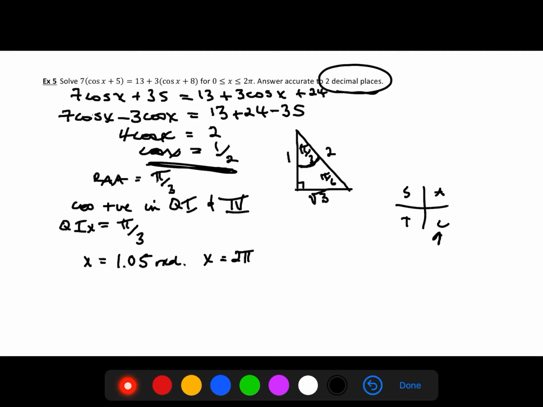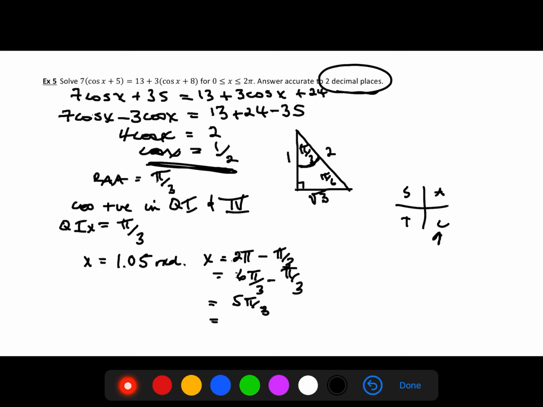Now, quadrant 4, we're going to be 2 pi minus our pi over 3. So 6 pi over 3, because we're going to multiply top and bottom. So 6 pi over 3 minus pi over 3 means we get 5 pi over 3.